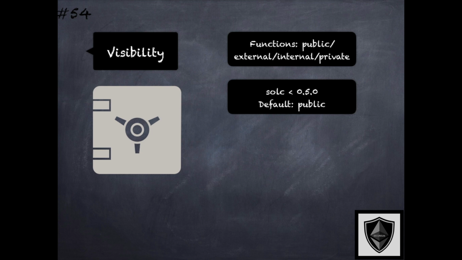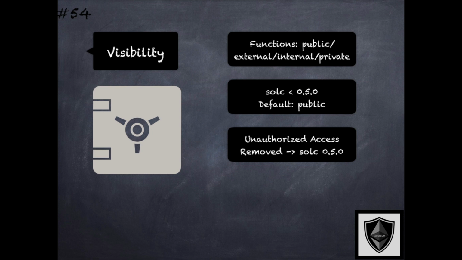And this aspect led to vulnerabilities where the developer forgot to specify the visibility, in which case it became public by default and resulted in malicious users being able to call these functions and make unauthorized state changes completely unexpected by the developer or the smart contract.